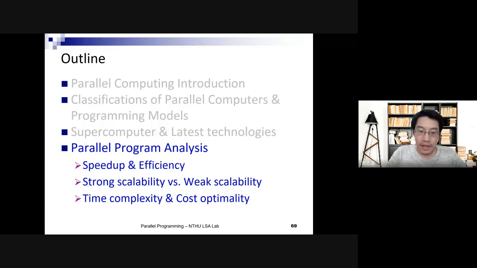And the last part of this chapter 1 is to introduce the analysis tools for parallel programs. How to measure the performance of a parallel program, how to analyze it mathematically, and also some of the performance metrics we commonly use for parallel computation.